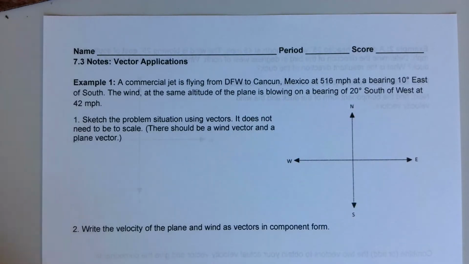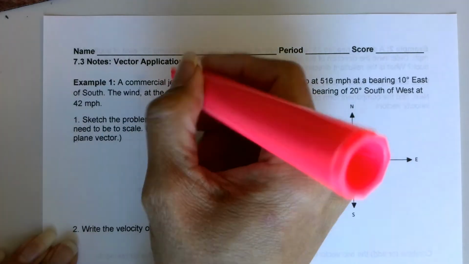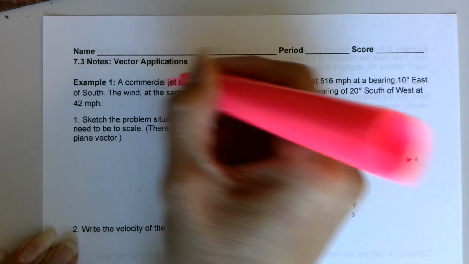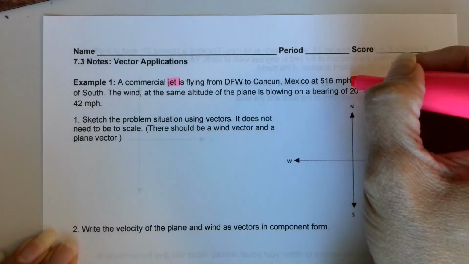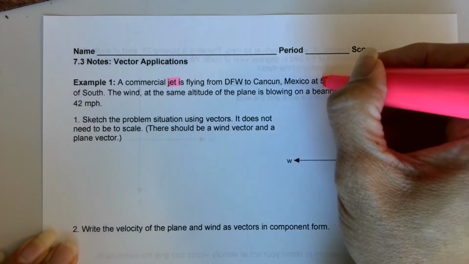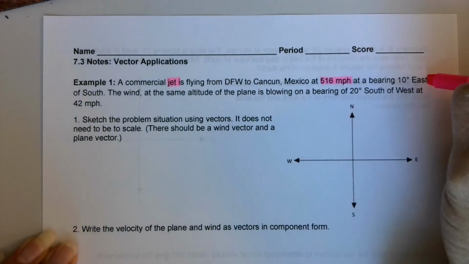So let's take apart these two sentences and focus on one vector at a time. Right now we're going to focus on the commercial jet, and there are certain characteristics that were provided for us. They gave us how fast the jet was flying, 516 miles per hour, and they gave us our bearing.